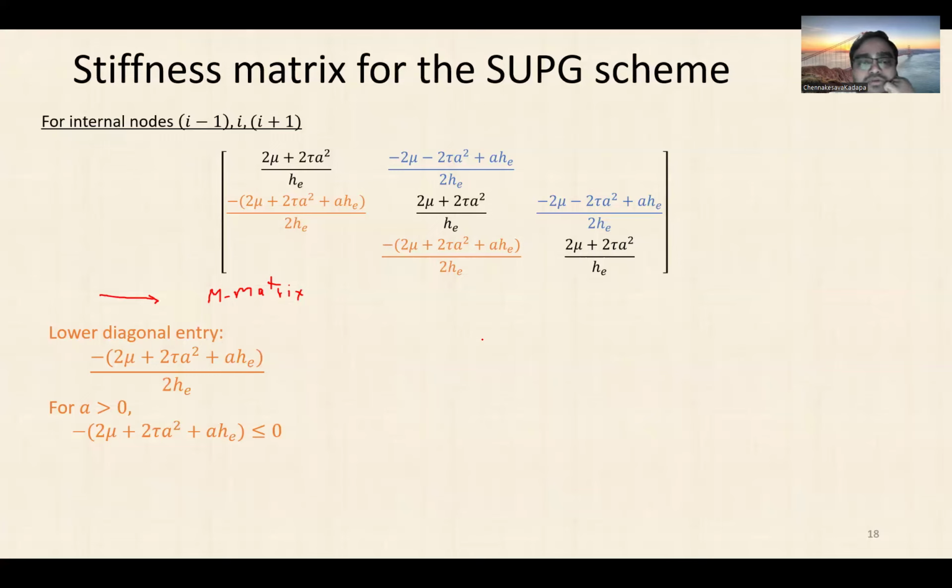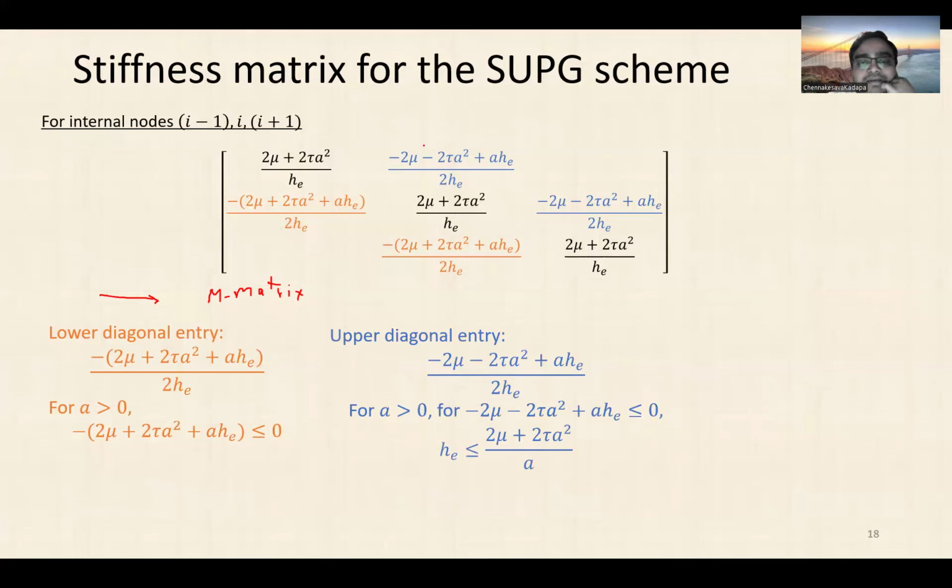Now for the upper diagonal entry, it may or may not satisfy the condition for an M matrix, that is, being less than or equal to 0. So again we get a condition here. For this upper diagonal entry to be less than or equal to 0, its numerator should be less than or equal to 0.